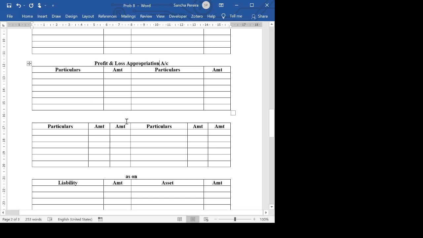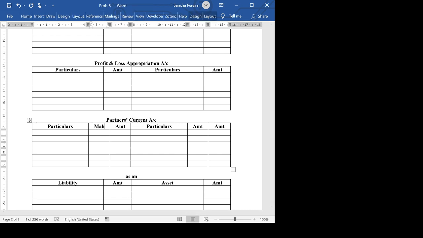Then we have the partners current account here. Instead of putting amounts, I'll write their names.